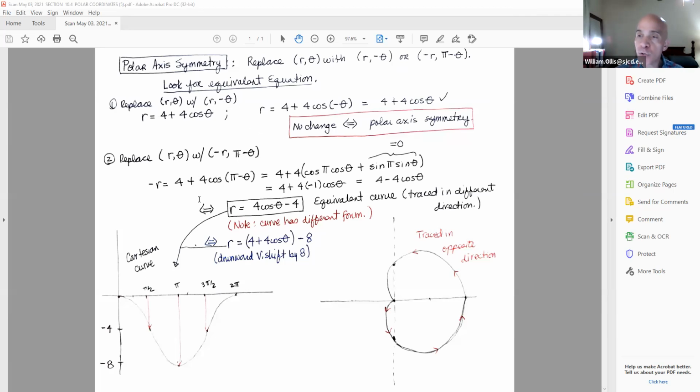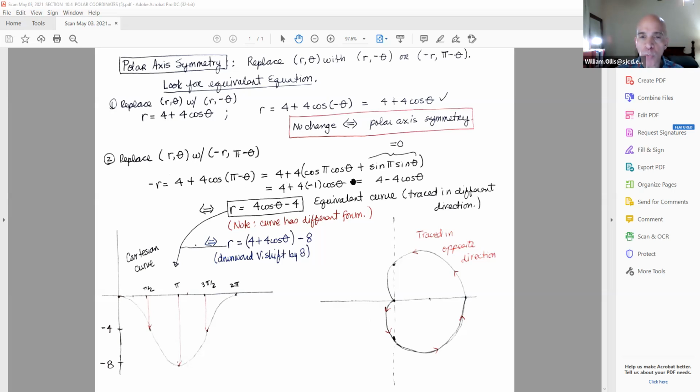And so you don't get the same equation as the one that we started with. I made the comment that even though the form is not exactly the beginning one, it would be traversed in the opposite direction, which is technically true. But what I wanted to do was actually write it where I had the correct sign here.